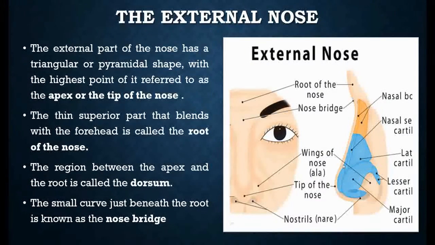The external part of the nose, which is triangular or pyramidal in shape, is because of the bone. It is called the apex of your nose.